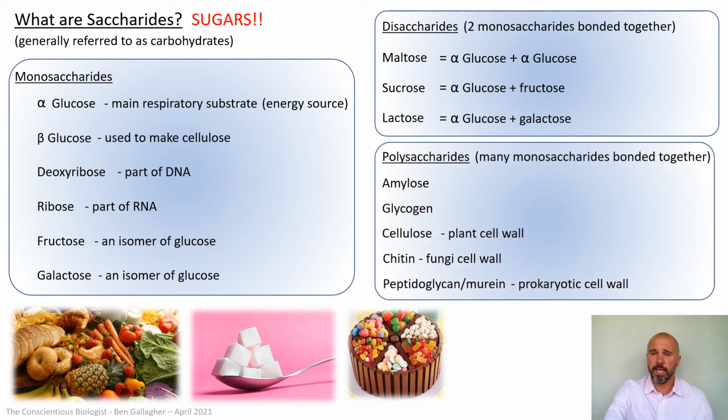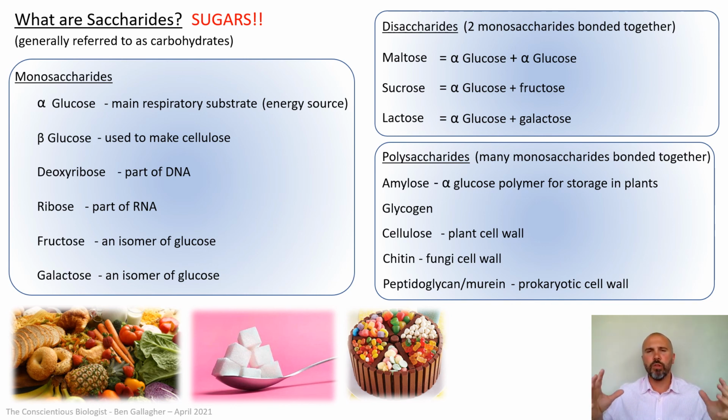Polysaccharides are what we've been looking at in this video though, which is when you've got lots of monosaccharides bonded together. Amylose we know is an alpha glucose polymer for storage in plants. I haven't put amylopectin on here because it's amylose that's more important for you to know in your syllabus. But please remember that it's amylose and amylopectin that both form starch. Okay.